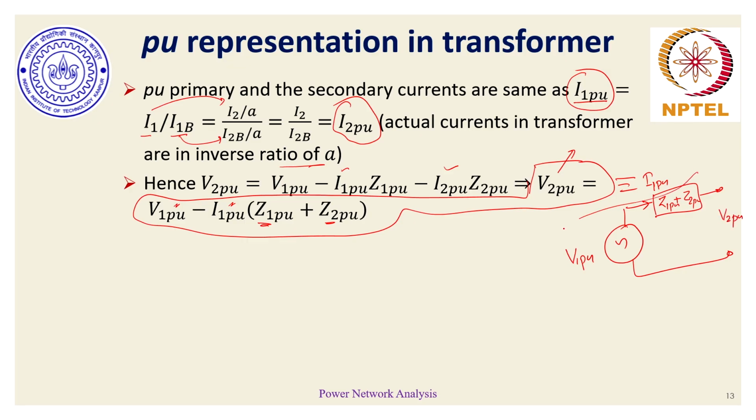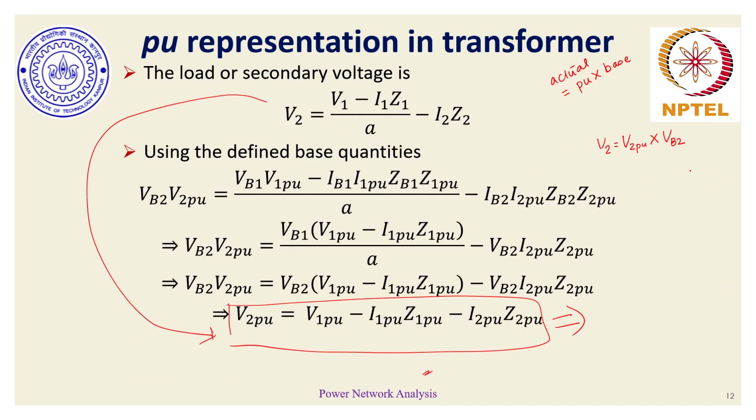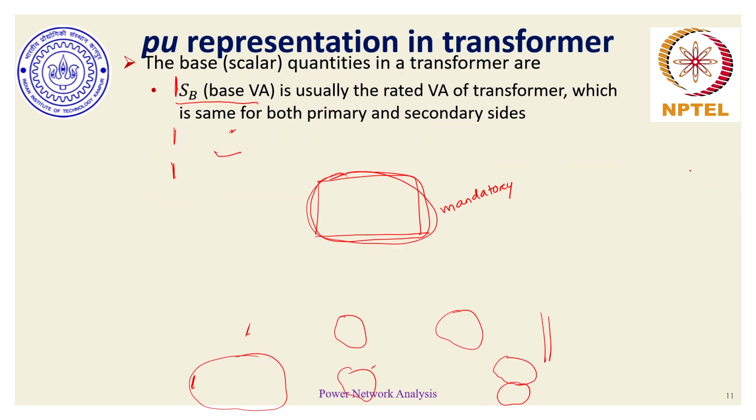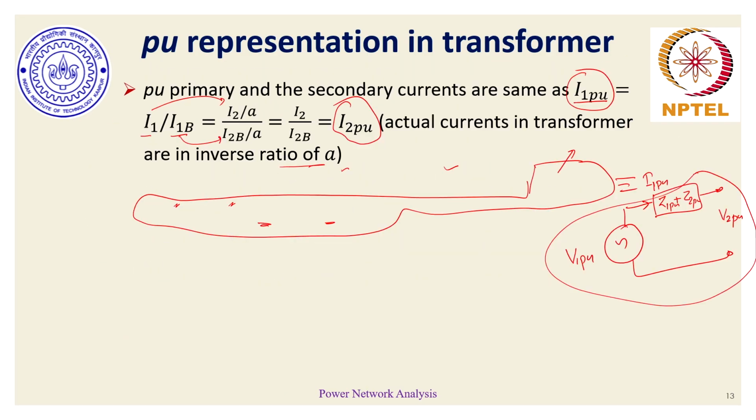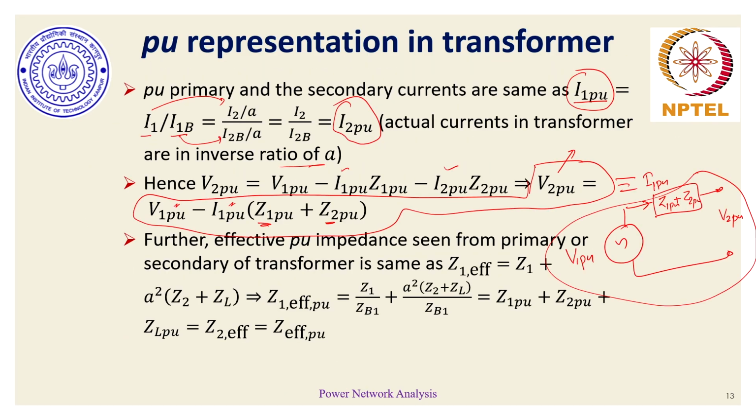If I compare this circuit with the circuit which I had actually considered for the single phase transformer, this ideal transformer part is completely gone in per unit analysis. That's the beauty of PU systems. And essentially, I can also try to find what are the corresponding impedances in per unit evaluated from the primary and secondary side.